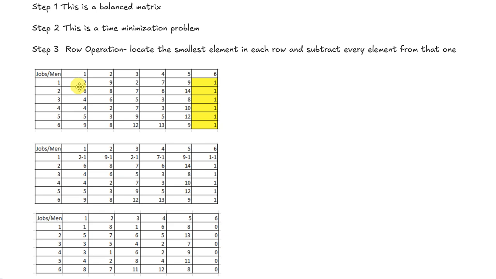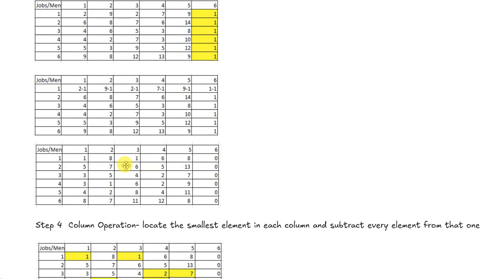If you take the first row, subtract 1 from 2, 1 from 9, 1 from 2, 1 from 7, 1 from 9, and again 1 from 1. Repeat this for every row and you come to a matrix like this, where the smallest element in that row has been subtracted from every element.